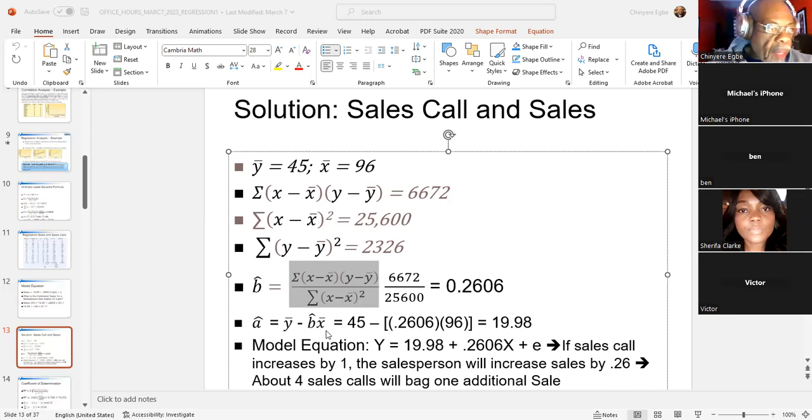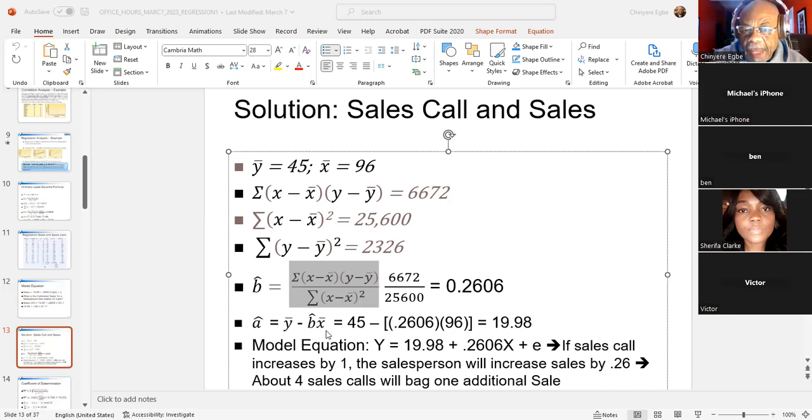For example, if you look at the formula, you're going to see the summation of (x minus x bar) times (y minus y bar) divided by the summation of (x minus x bar) squared. So the question you ask yourself, how do you get the summation of x minus x bar and the summation of y minus y bar?